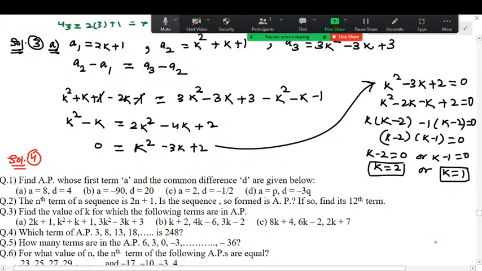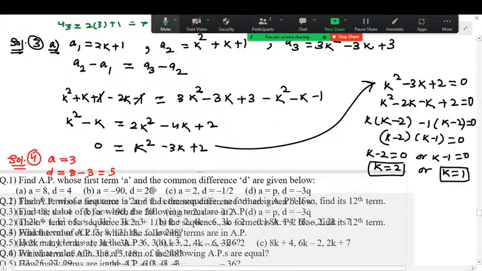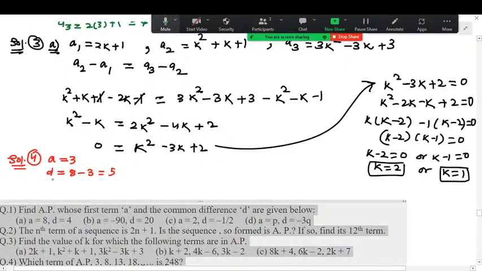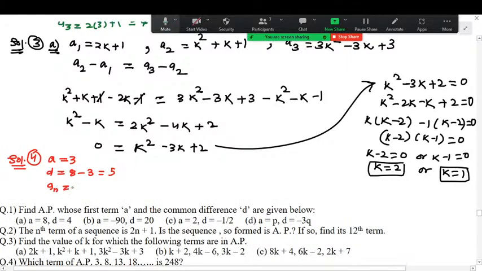Which term of the AP is going to give you 248? In this scenario, you are given A being 3, you are given D being the second term minus the first term, that is 5, and you are also given the last term being 248. So that's a_n, right? The nth term is given to you, very good.